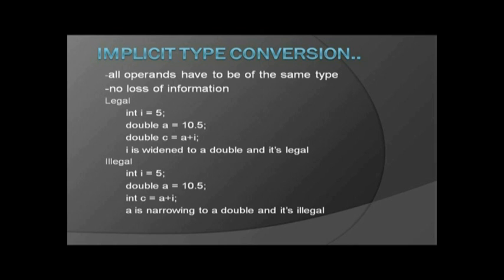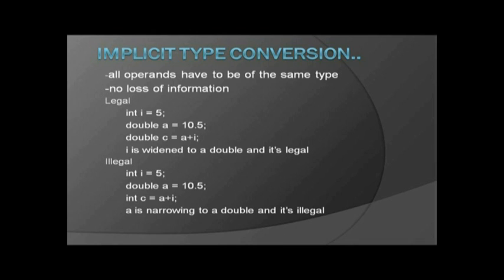In this type, all operands have to be of the same type and no information is lost after the conversion. It is called legal when the assignment conversion is widening, and it is illegal when the assignment conversion is narrowing.